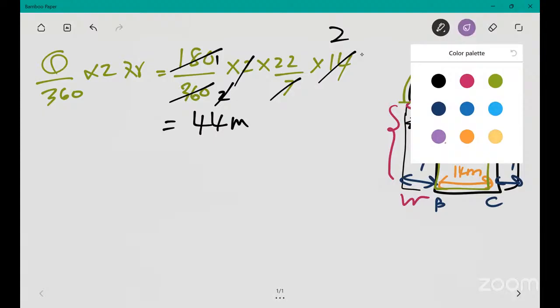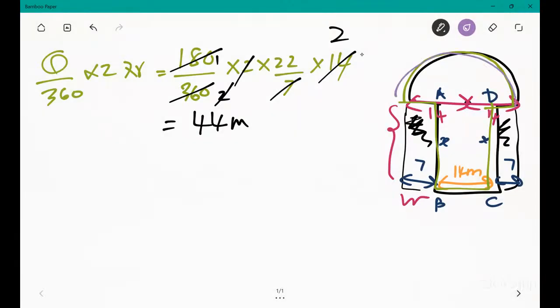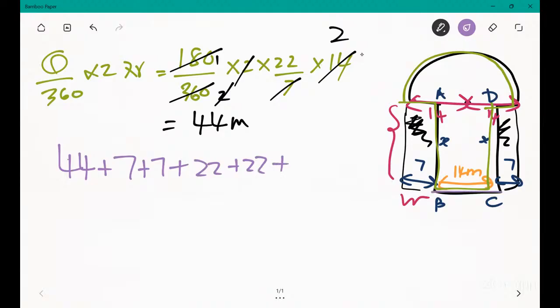That's going to be this part, 44, plus these two, that is 7 plus 7, plus these two, we found it previously, 22, plus this, which is 14.